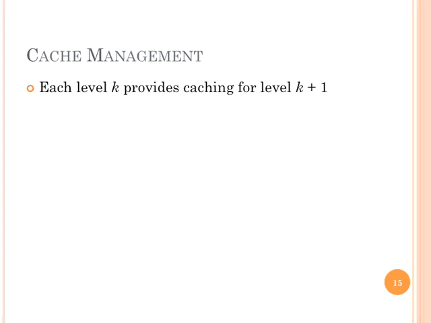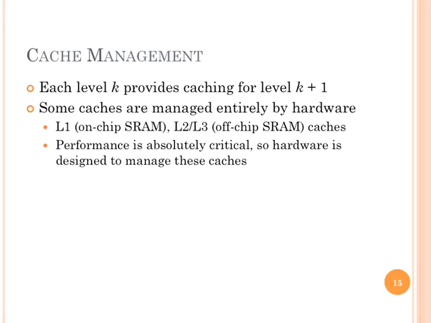Okie dokie. So level K has caching for level K plus 1. And you start to notice this interesting variation in how the various levels of caching are handled. If it's SRAM, then we're talking a very small number of clocks. We have maybe 3 clocks, 30 clocks versus 4 clocks versus 1 clock between various levels of caching.